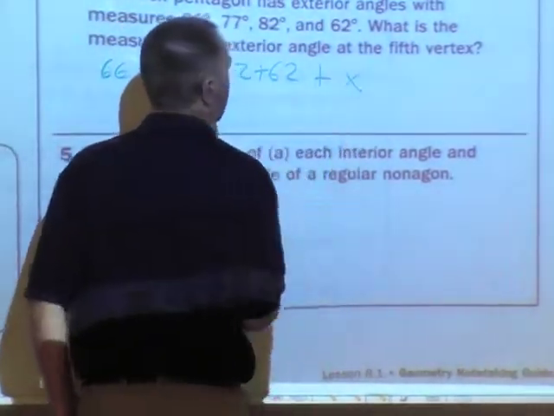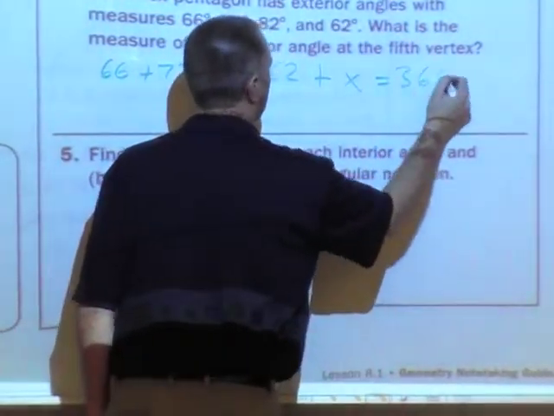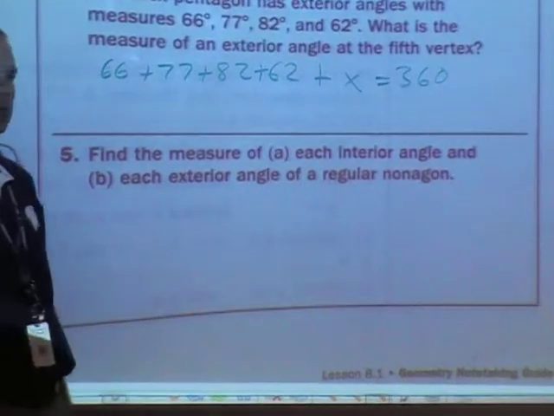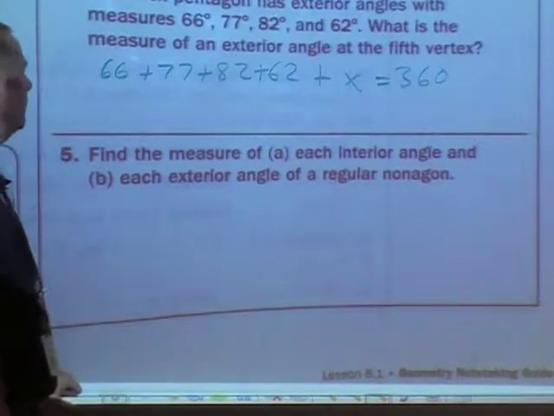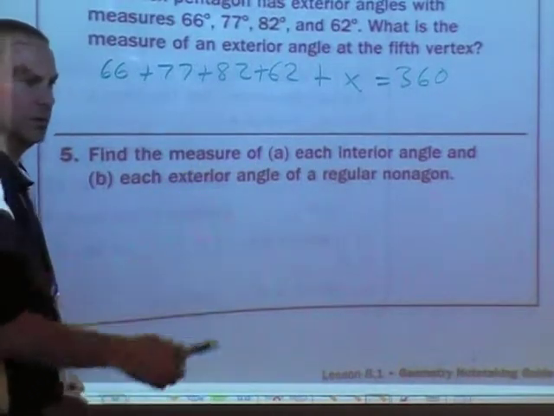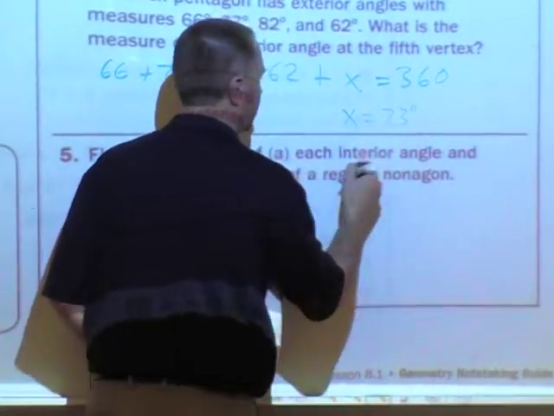What is the last measurement of the exterior angle? That equals 360. So again, you do the exact same thing here as what we just got done doing. Everybody do it quickly. You get 73. Make sure you get 73.